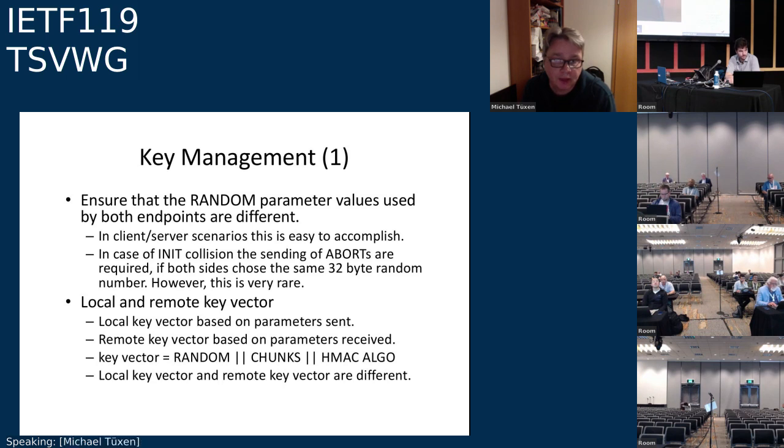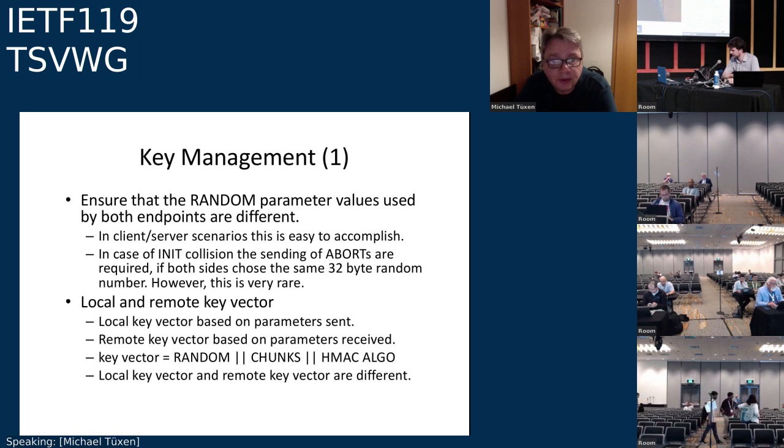So this is the updated key management. The first thing is that both sides exchange random parameters, and the handshake is modified in a way that the parameters are different. So this is easy to get when you have a client-server thing. The client chooses a random parameter, and the server chooses one which is not the one received.